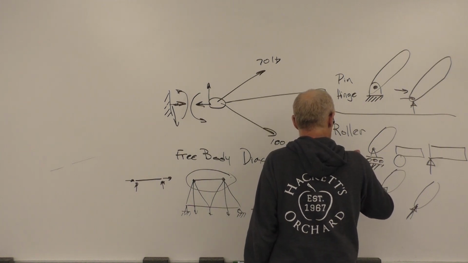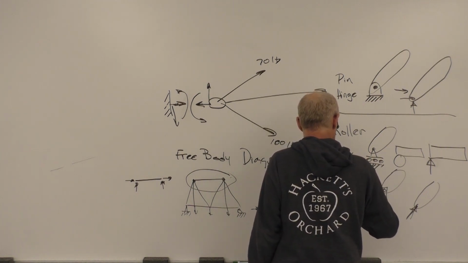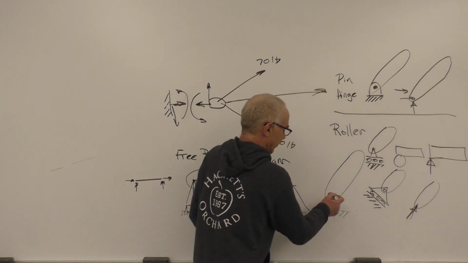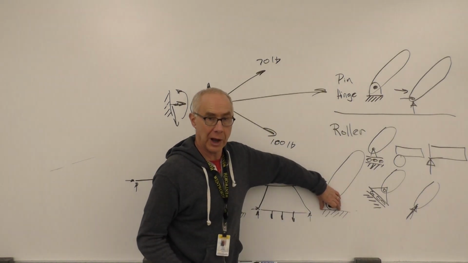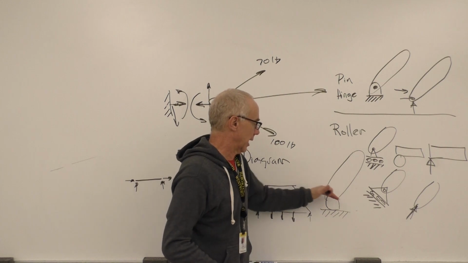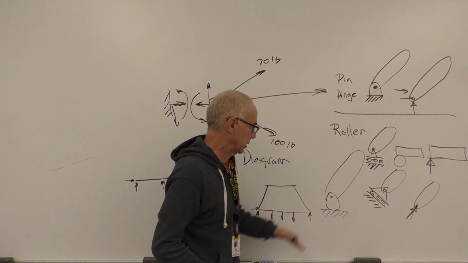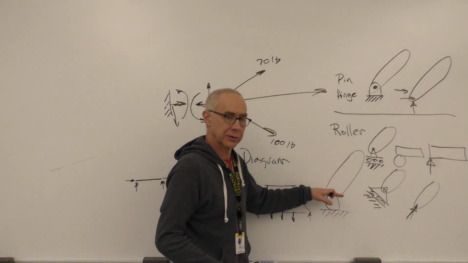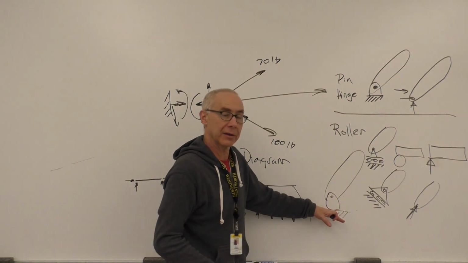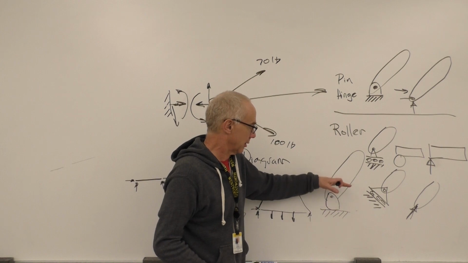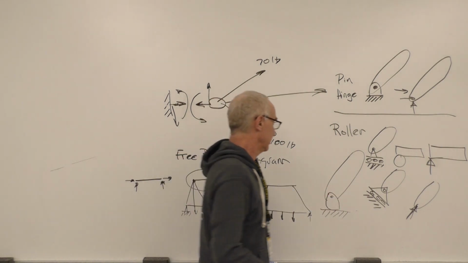And if we were to draw a member attached to it, again we have a pin through this thing holding our member to our rocker, and this is allowing motion in the direction parallel to our surface, but providing a support reaction that's holding it perpendicular to our surface.